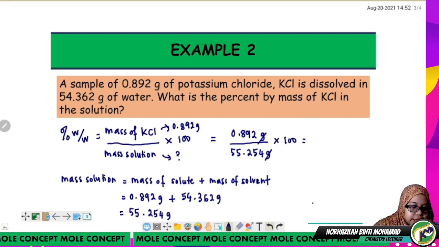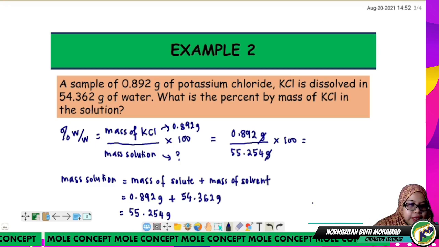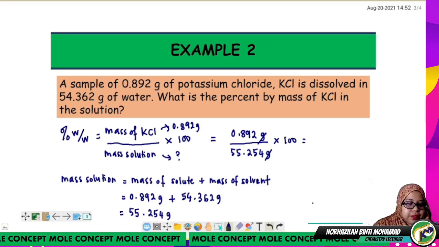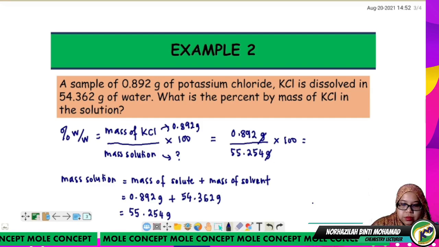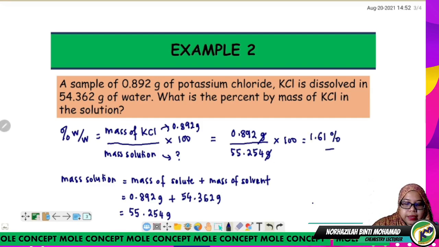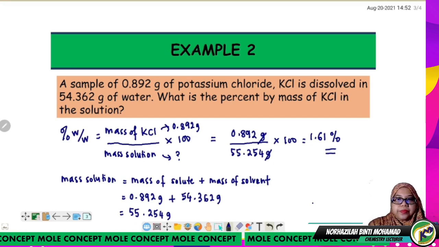So 0.892 divided by 55.254 times 100 equals 1.61%. This is your answer.